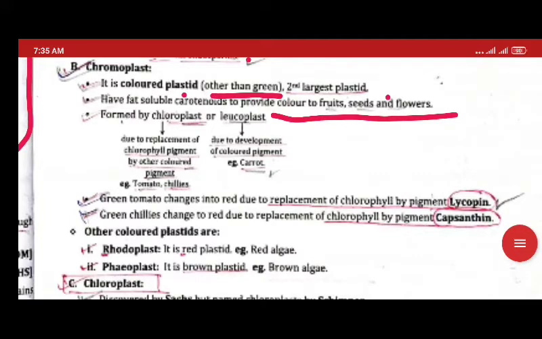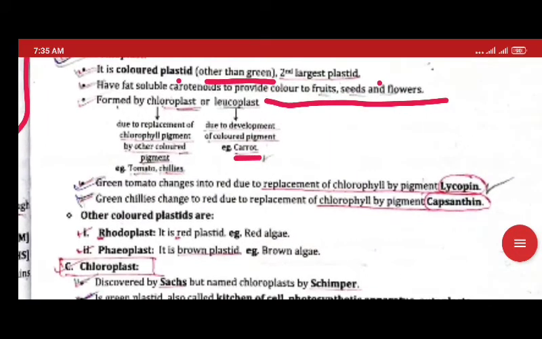Mainly from chloroplast in tomato and chili, and from leucoplast in carrot. Green tomato changes to red as the chlorophyll pigment changes to lycopene.